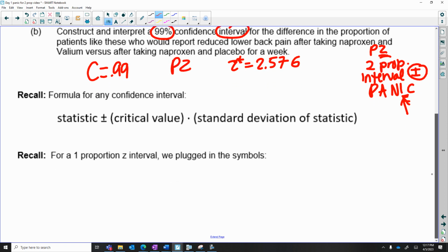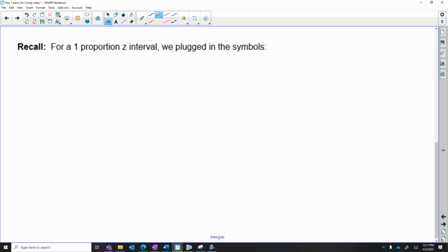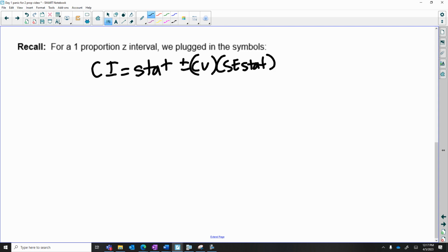Remember, we went over it before. Confidence interval equals statistic plus or minus critical value times standard error of the statistic. So it's going to be P hat plus or minus Z star times sigma P hat.